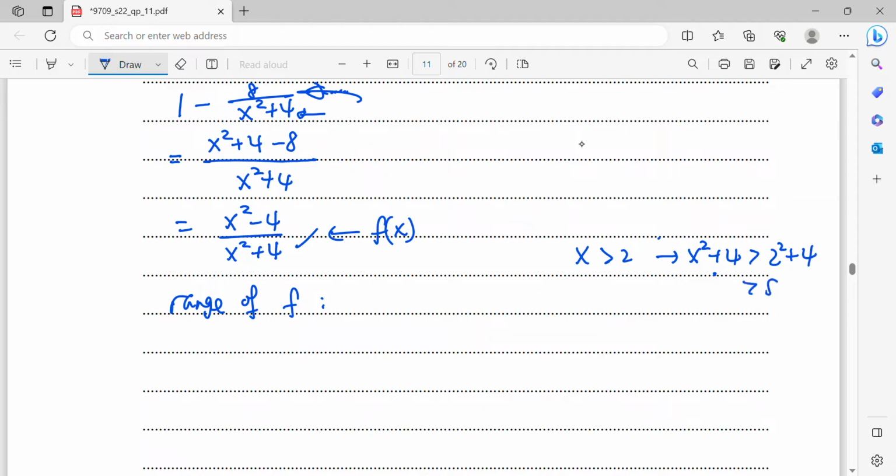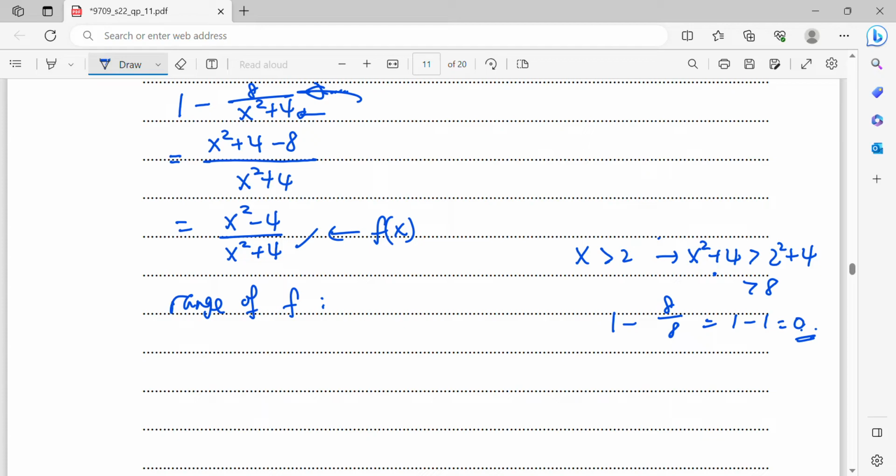That means it's greater than 8. So 1 minus 8 over 8 will be 1 minus 1, which is 0. That means it will be greater than this value, greater than 0, because your denominator is greater than 8. But when exactly 8, it will be 0.